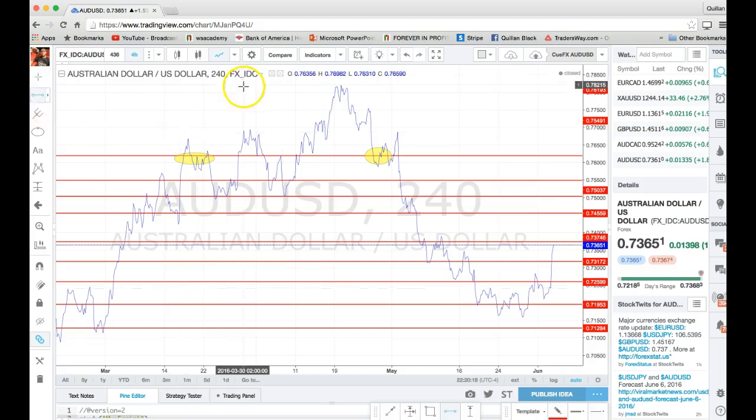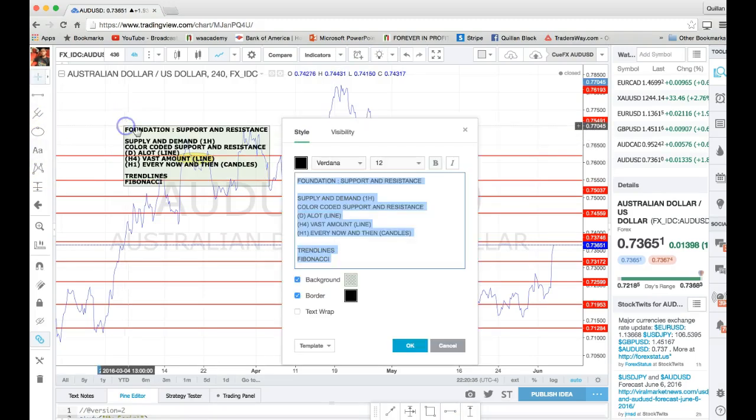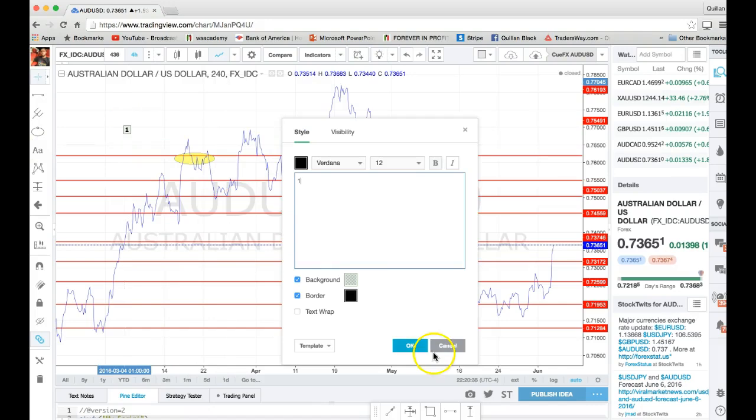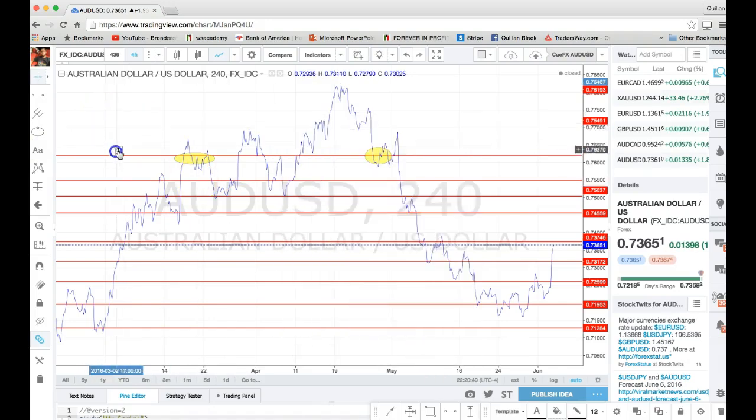Okay, so keep in mind, when it comes to H4s, I'm going to be finding 1, 2, max 3 H4 support resistance between each daily zone. So this right here is one zone. Let me try to mark it for you guys. So right here is one zone.